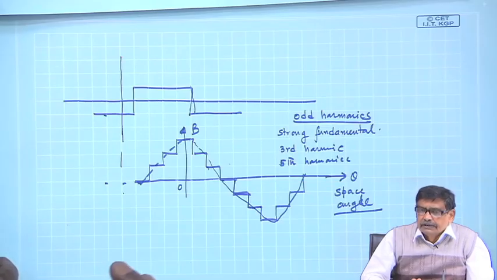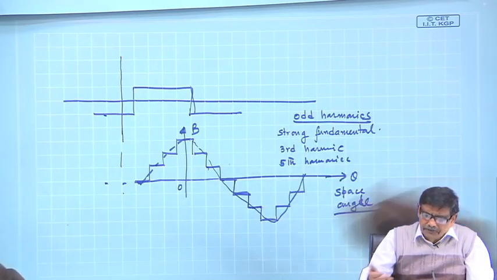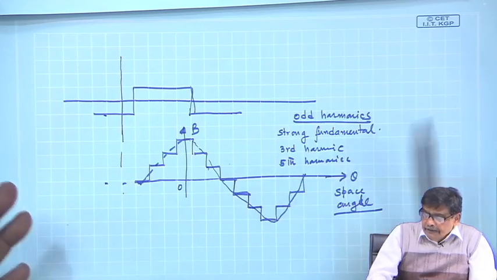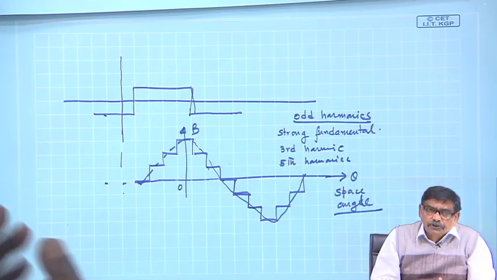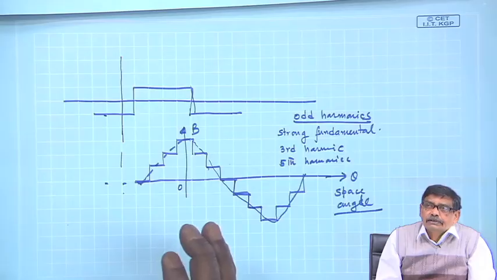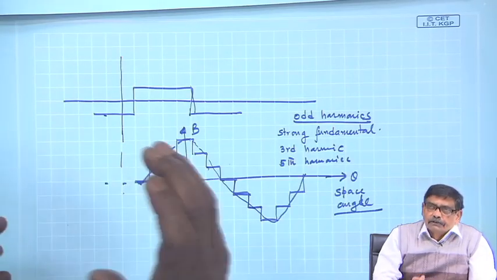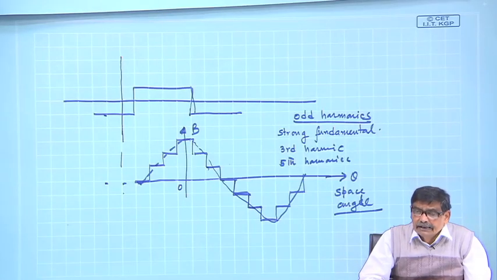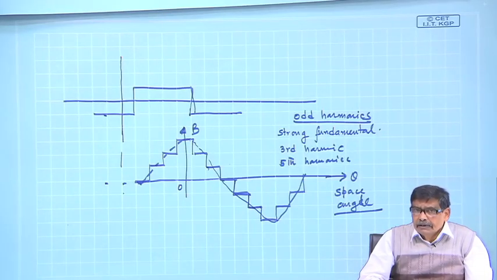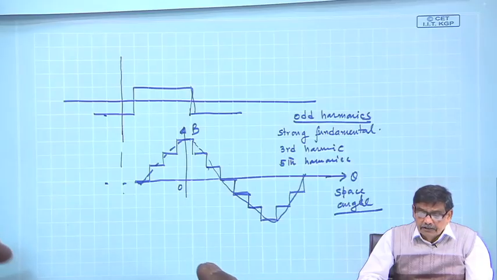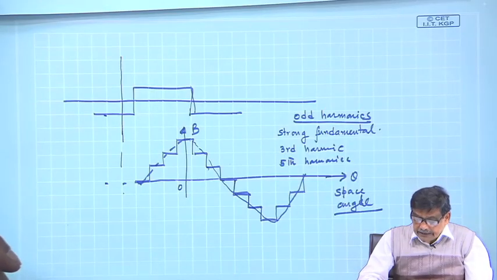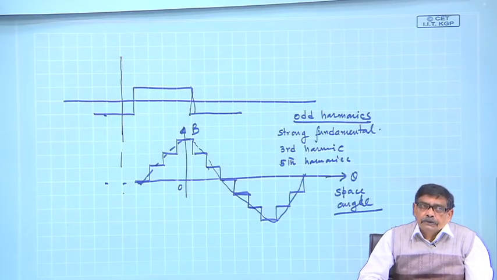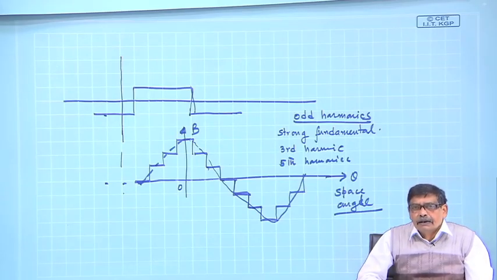The conductors I will discuss after a few lectures, but the point is, if you have to use a single coil, better do not use a single coil, use distributed coils. How many distributed coils depends on the amount of space available, then you can use the coil span as a variable to see that a particular predominant harmonic is eliminated.